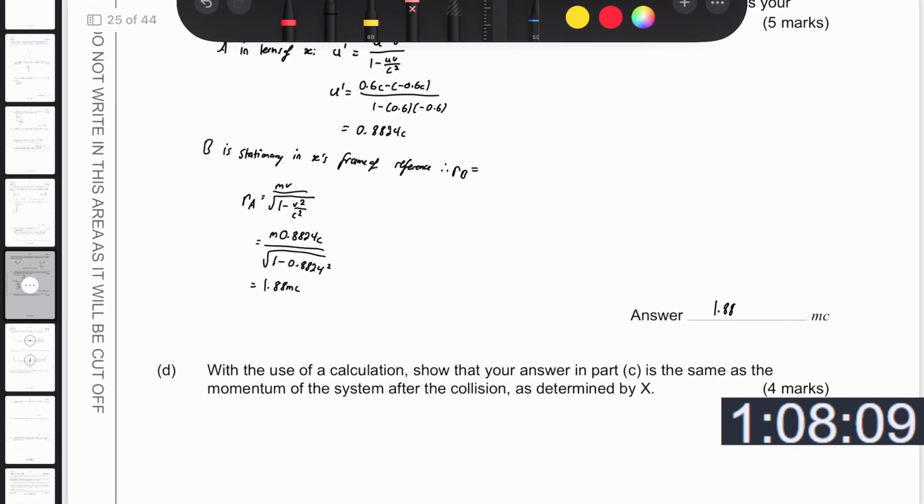These calculations show that the answer in part C is the same as the momentum of the system after the collision as determined by x.